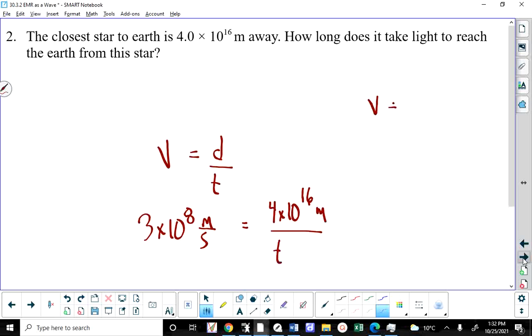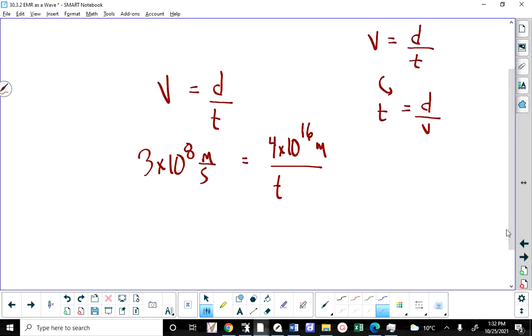When you take speed equals distance over time and rearrange it for time, you get time equals distance over speed. So we have to take that distance divided by that speed and get what I believe is going to be 1.3 repeating times 10 to the 8 seconds.